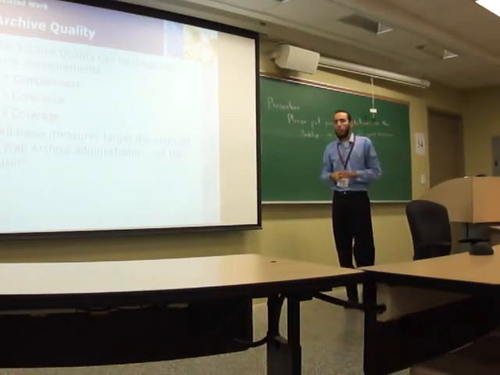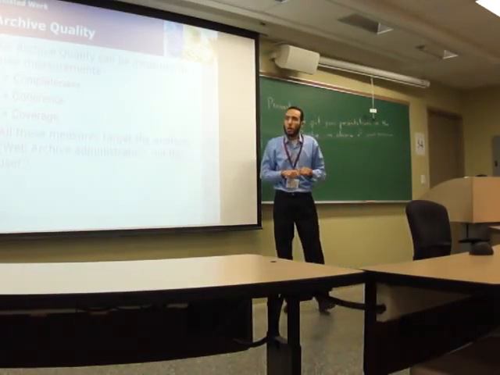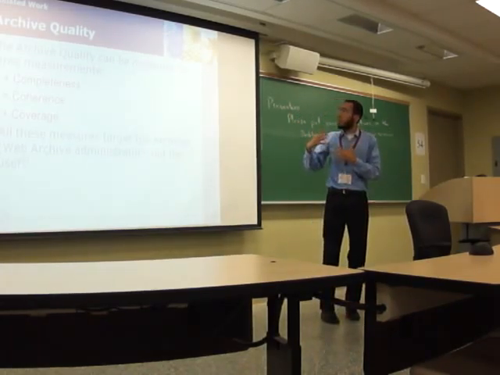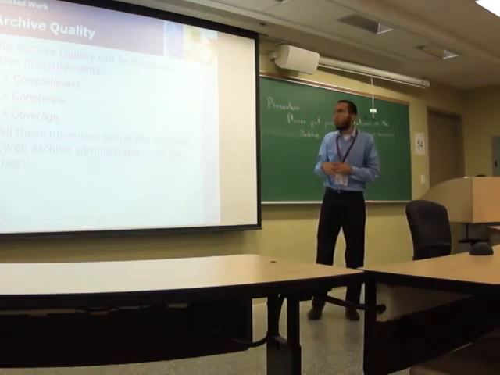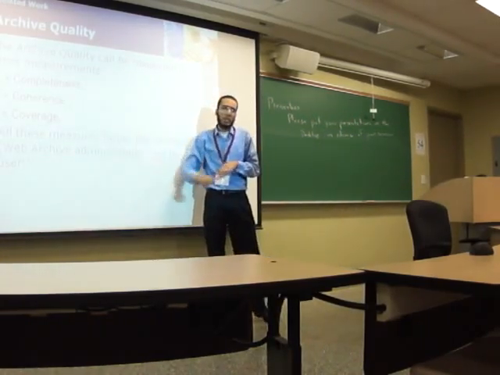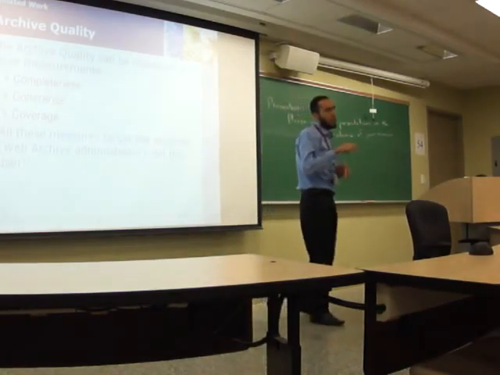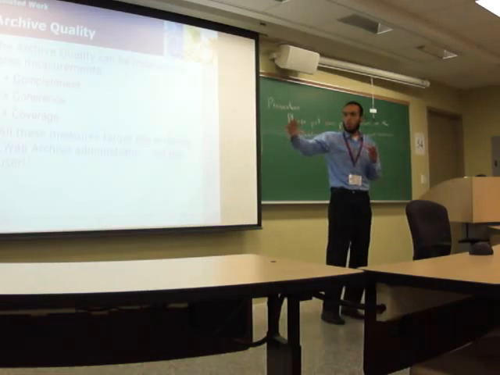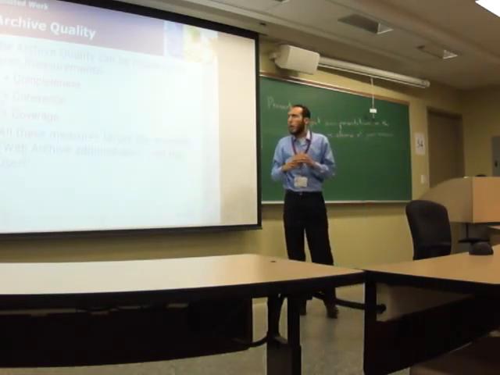The second part of our related work is what we call archive quality. If we think about the current quality measurements, we will find most of the books mention completeness: does this archive already archive all the URIs or the related resources for this web page?